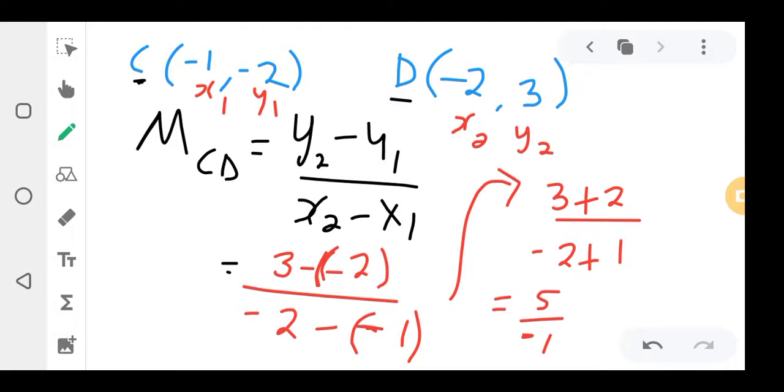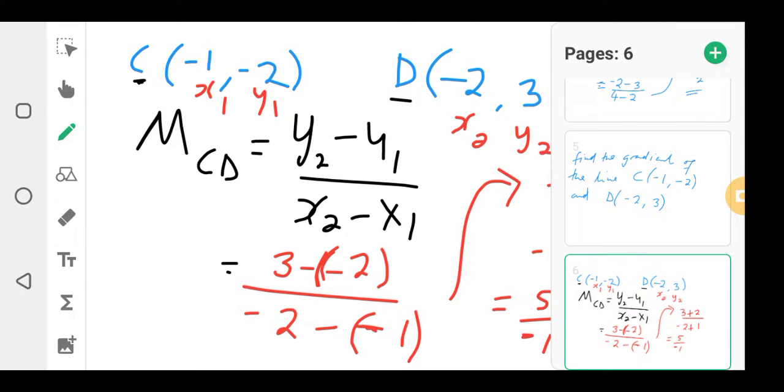So it's 5 over -1, which is -5 over 1, or -5. That's it concerning how to find the gradient.